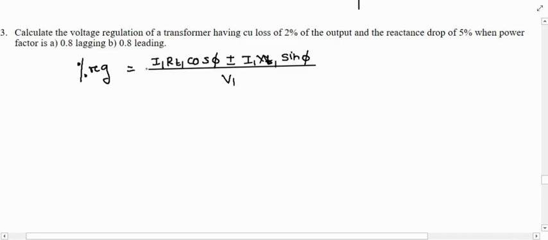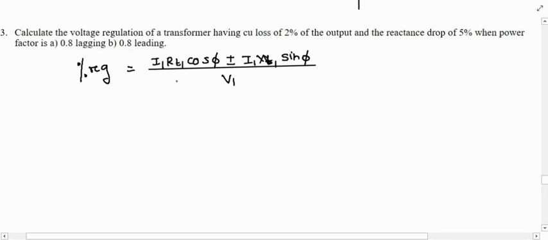What is RT1? The equivalent resistance referred to the primary side. XT1 is the equivalent reactance of the transformer referred to the primary side. What is V1? The voltage applied across the primary side.